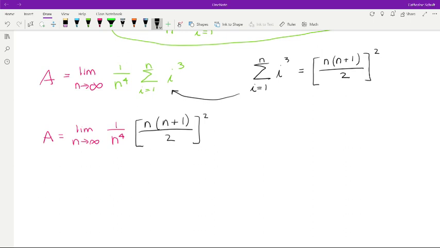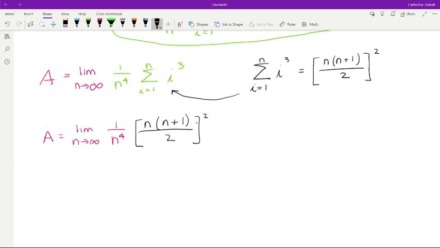Just like that. Now it's time to simplify the heck out of this. Now that we got rid of the summation, we know how to take limits at infinity, so that's what we're going to do after we've simplified everything.